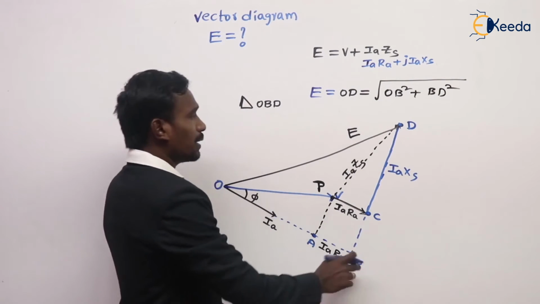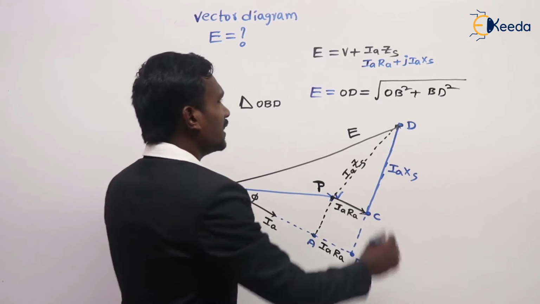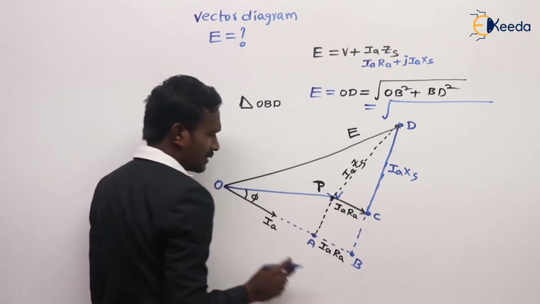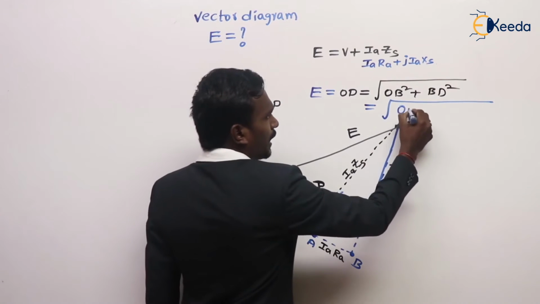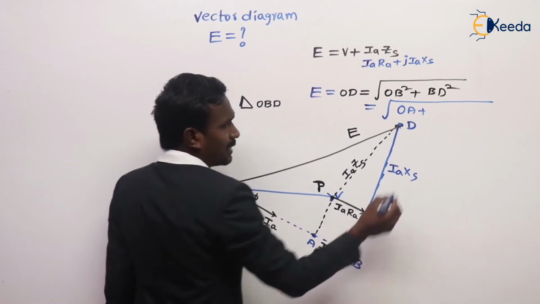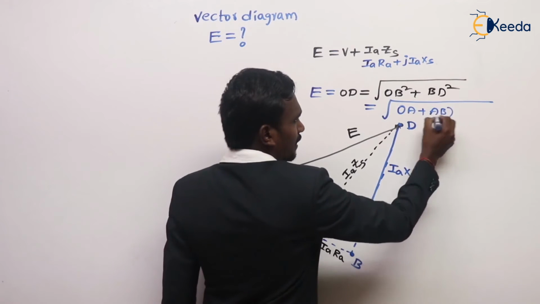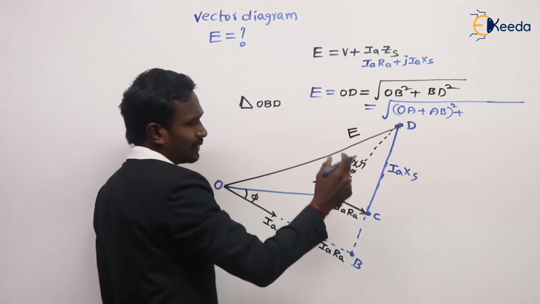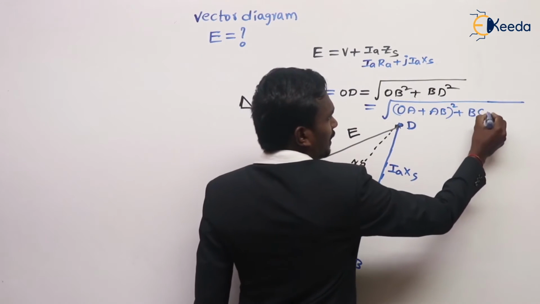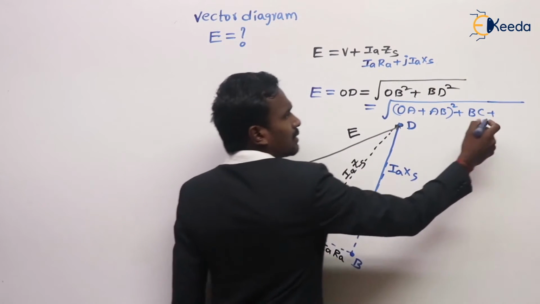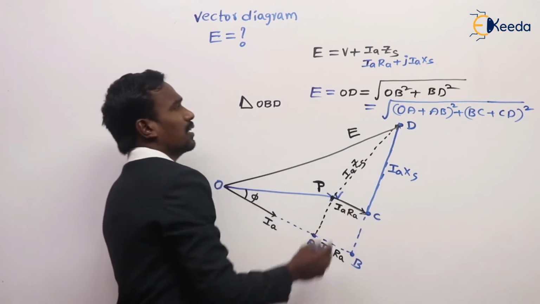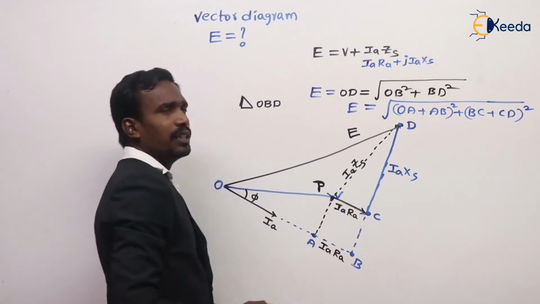OB square plus BD square. Here OB is OA plus AB, squared, plus BD, which is BC plus CD, squared. This is the formula of the EMF equation E.